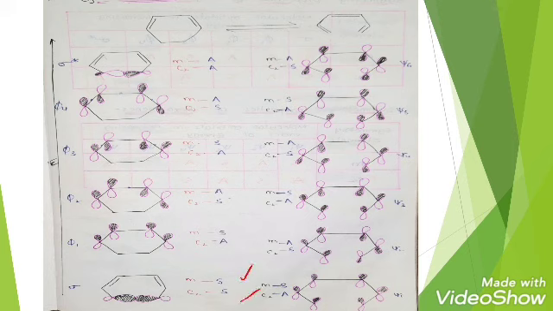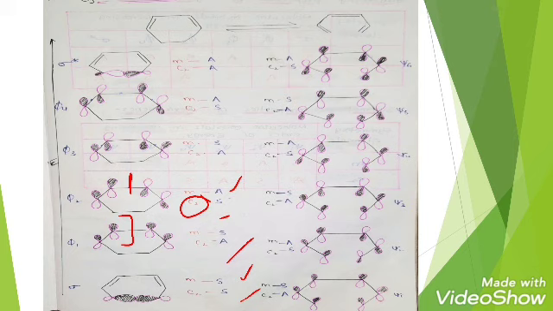The psi 1 orbital, which has no nodes, is symmetric with respect to the mirror plane but antisymmetric with respect to the C2 axis. The psi 2 orbital, which has one node, is antisymmetric with respect to the mirror plane but symmetric with respect to the C2 axis.